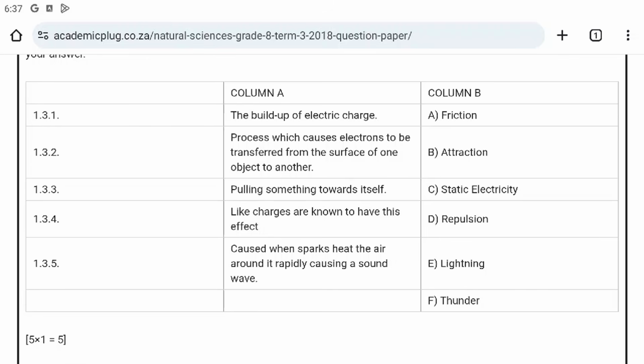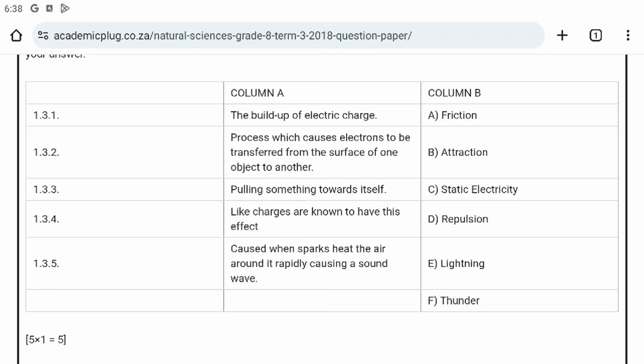Okay. So the buildup of electric charge, that's 1.3.1. 1.3.2 says process which causes electrons to be transferred from the surface of one object to another. 1.3.3 says pulling something towards itself. 1.3.4, like charges are known to have this effect. 1.3.5, caused when sparks hit the air around it rapidly, causing a sound wave.